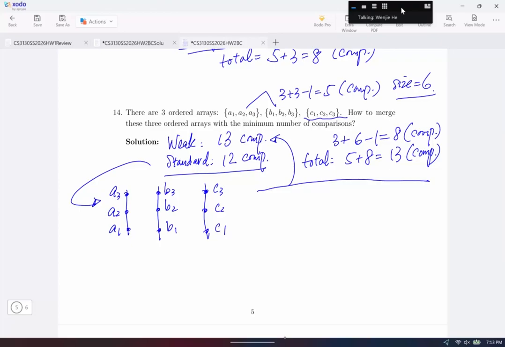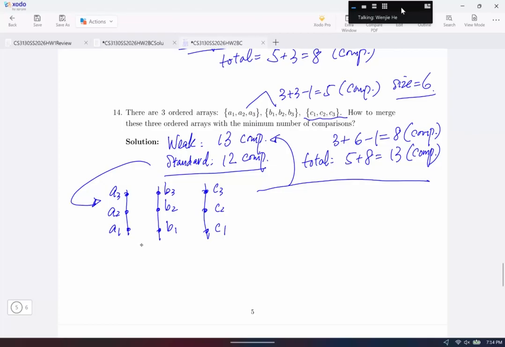Some students, I noticed before, not from you, they try to use a similar idea from merging 2 ordered arrays. They want to generalize our standard merge operation from merging 2 ordered arrays.